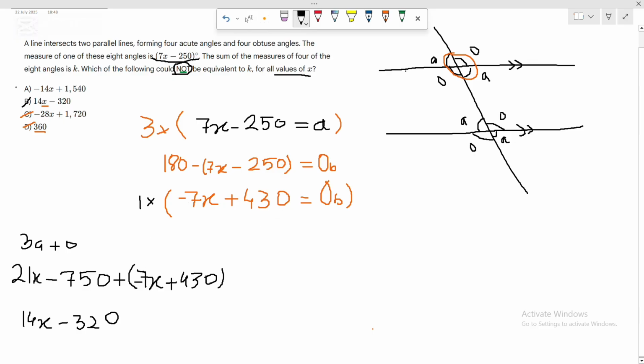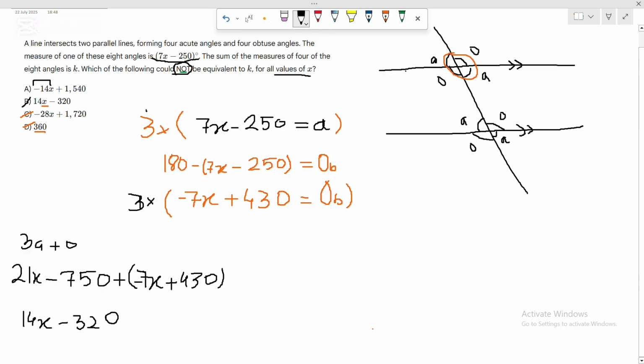Technically only A is left as our answer, but let's check it too. Here is minus 14x. We can use a similar process, adding the obtuse angle 3 times, which gives minus 21, and adding 7x will keep us at minus 14, because minus 21 plus 7 is minus 14.